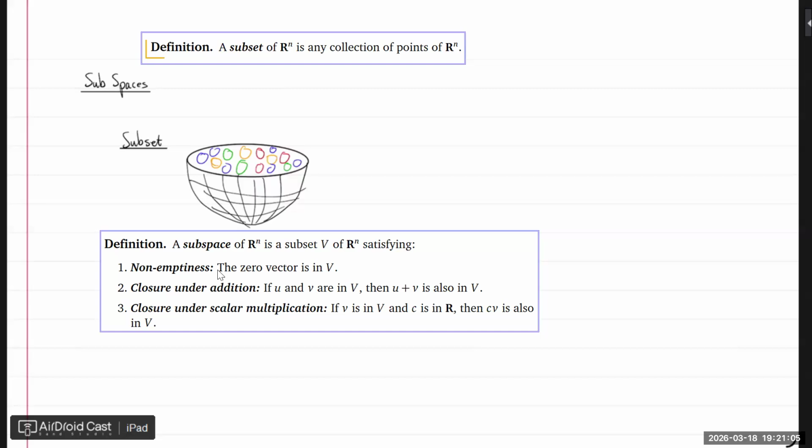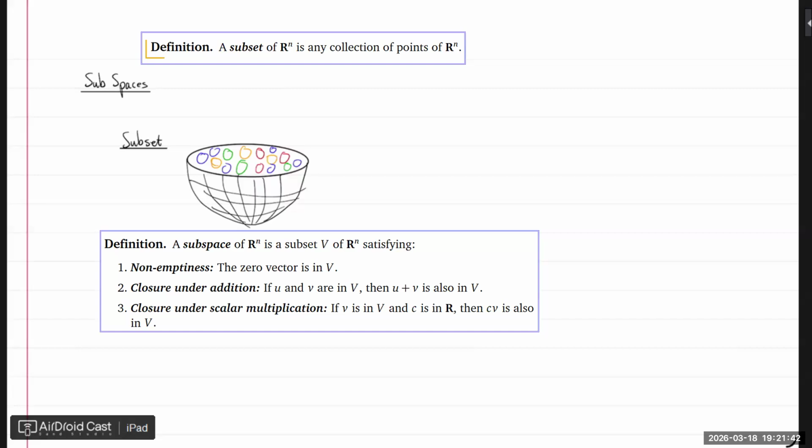If the zero vector is in, that's one tick mark. The next tick mark is it should be closed under addition. And then it must be closed under scalar multiplication as well. If it complies with all three of those, then we know it is a subspace.